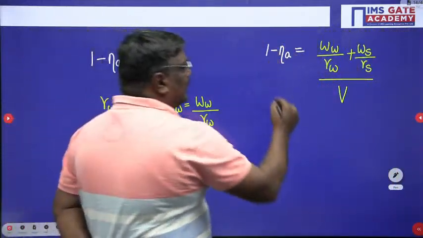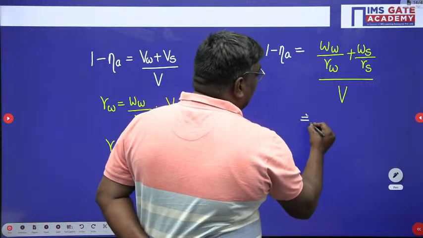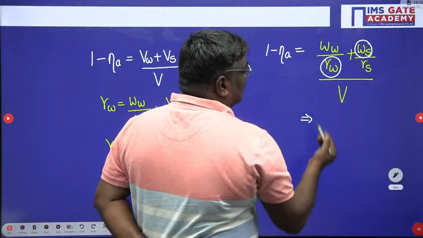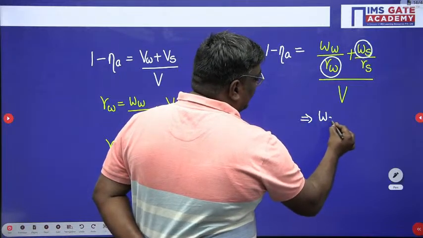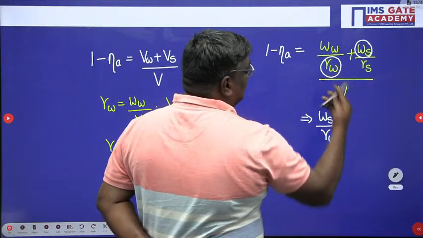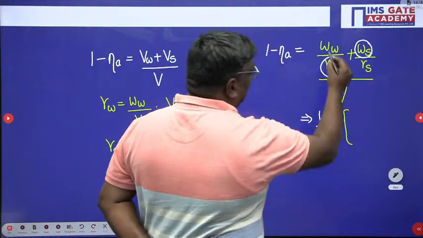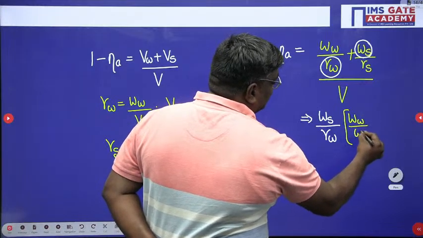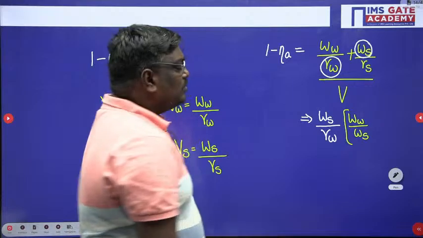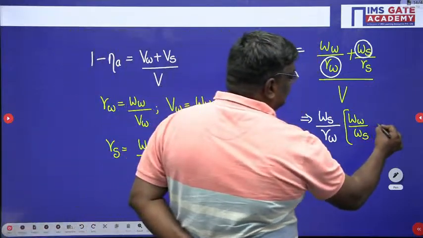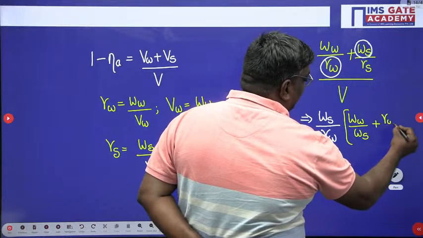So here what I will do is, I will take the common gamma W and weight of solids as common. If I take weight of solids, gamma W as common, what will be there in this? Here this equation will become weight of water by weight of solids plus gamma W by gamma S, and I will take volume here, because there is a denominator volume also. Sir, if you have any doubts, just multiply and observe with the equation.